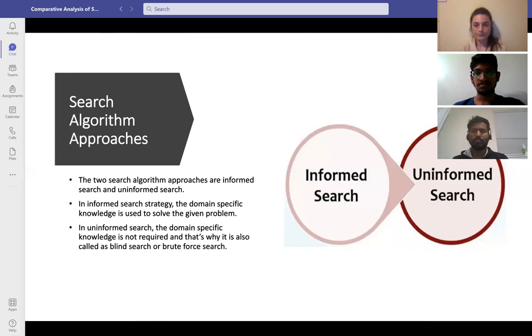Some of the uninformed searches are breadth first search, depth first search, uniform cost search, and bidirectional search. The key informed searches covered in this paper are A-star search and best first search. I'm going to talk about all these searches in the upcoming slides.